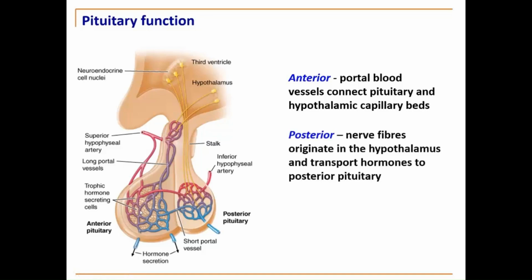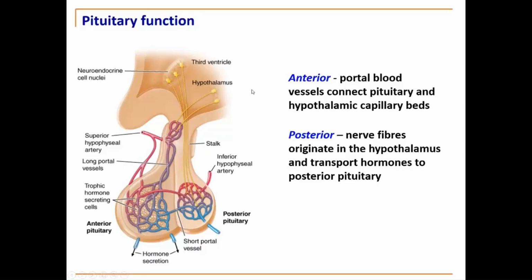In contrast to this, at the level of the posterior pituitary, again, you make a neurohormone in the hypothalamus. But in this case, the neurohormones are transported through the pituitary stalk along the axons to the end of the nerve cell, where they are stored in preparation to be released directly into the posterior pituitary and therefore into the blood system.